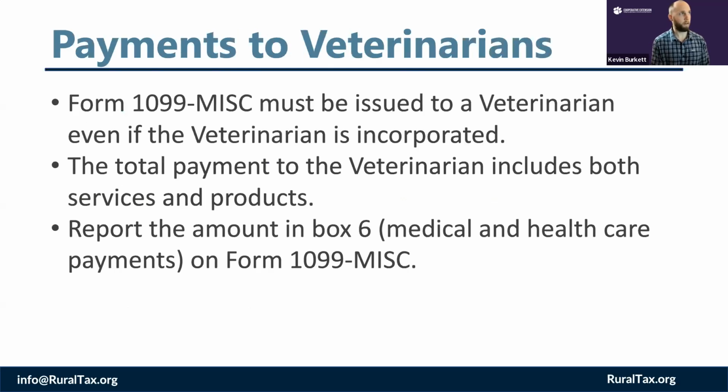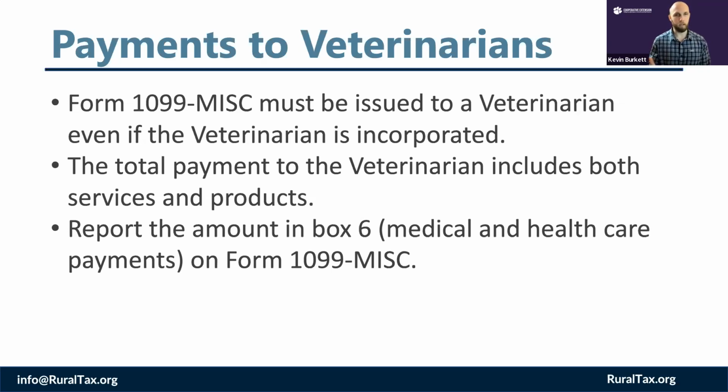And then on the veterinarian side of things, a 1099 miscellaneous must be issued to a veterinarian, even if that vet is incorporated. So that is one of the exceptions. And the total payment includes both services and products used. Typically when you receive a bill from that veterinarian, it might be itemized a little bit and tell you what was the veterinarian's time, and what were the supplies, medicines, and different things that were used.